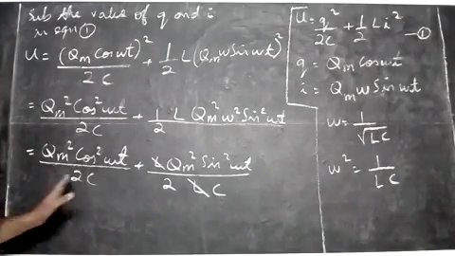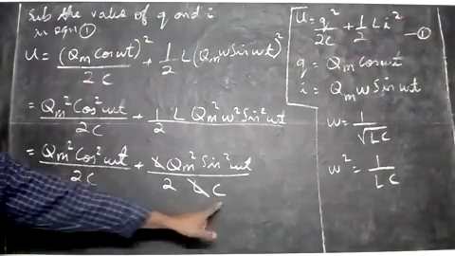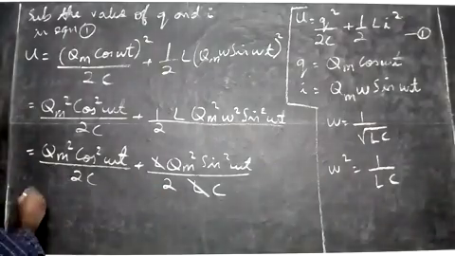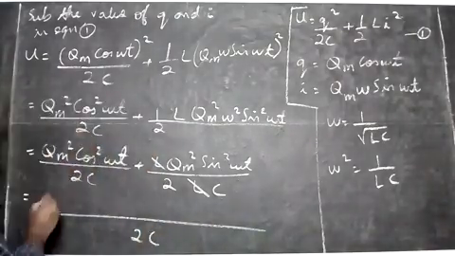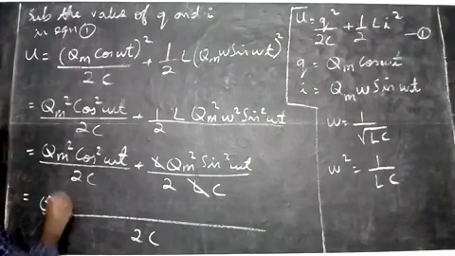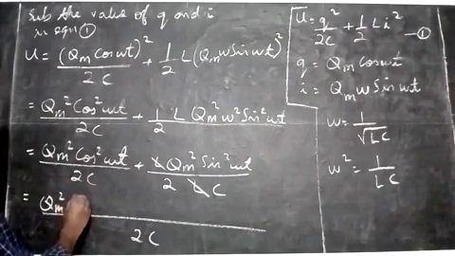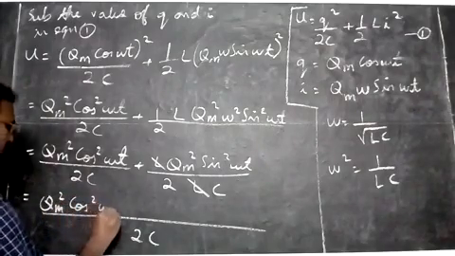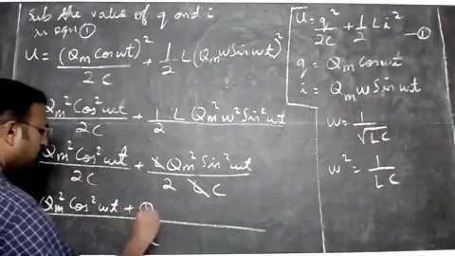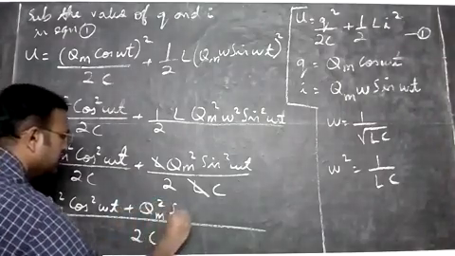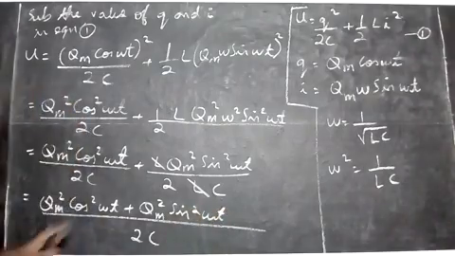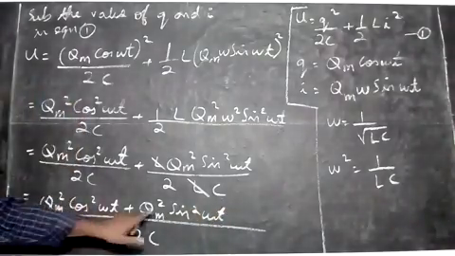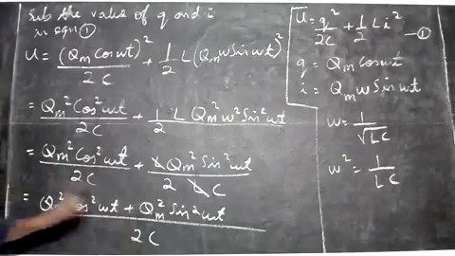Now the common denominator we have is 2C. So writing the common denominator 2C, what you get is Qm square cos square omega t plus Qm square sin square omega t. Now you can see this Qm square is constant, common, so you can take it out.